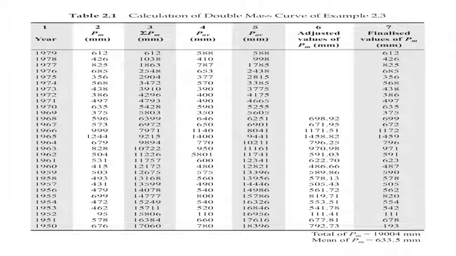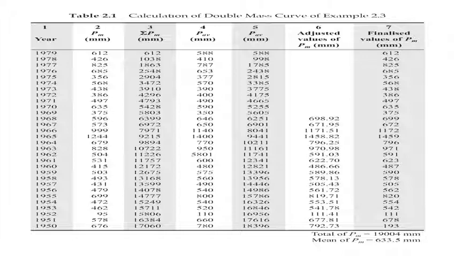Column number 4 refers to the annual average rainfall data of the 10 neighboring stations, which is given to us. Column number 5 is the accumulated rainfall data of these 10 neighboring stations. That is, in 1979 the rainfall data is 588, in 1978 we get 988, which is nothing but 588 plus 410. In this way you keep doing the same calculation till you get the accumulated rainfall up to 1950.